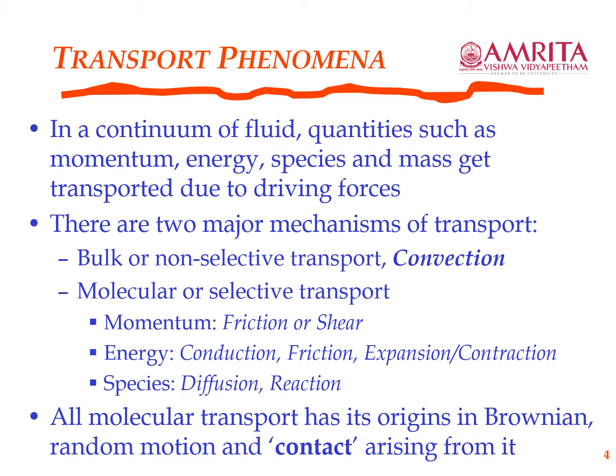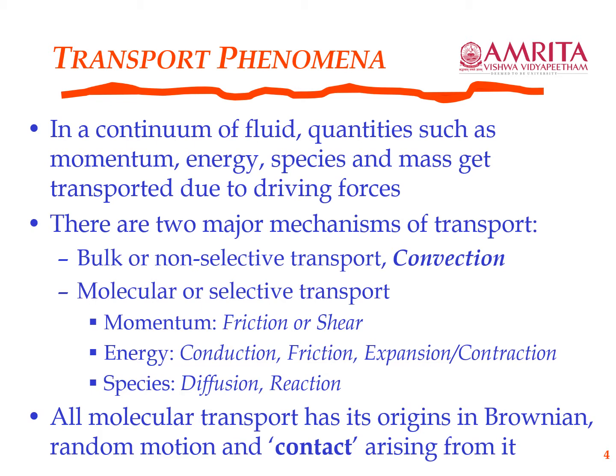In conduction, the energy transport is by virtue of collisions, and there is contact between these molecules. One molecule with high temperature is vibrating at a higher energy with higher momentum than another molecule with a lower energy, and these collisions and the contact transport some of that energy into the other molecule, and therefore that molecule also picks up and vibrates more.